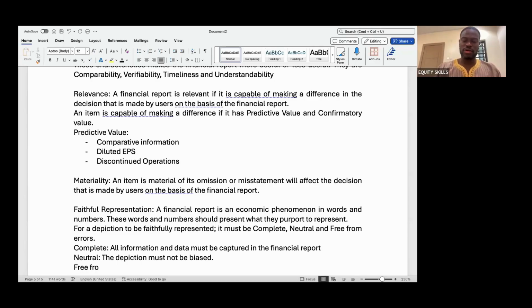And free from error. Free from error does not mean that the report is accurate in terms of the numbers. It's not accurate, right? It cannot be accurate because we make use of estimates and judgments. It's principles we use in preparing accounts.